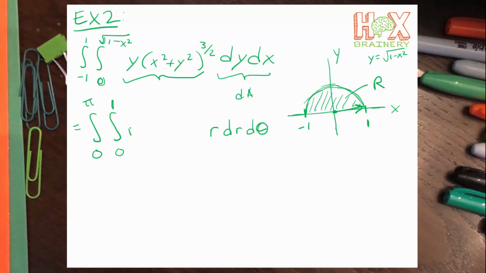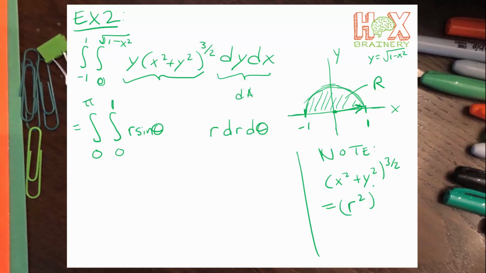Y, I know, is equal to r sine theta, so I'll write that down. But for the part in the parentheses, let me make a note over here. You have x squared plus y squared to the 3/2. Using your conversions, x squared plus y squared is r squared, and when you simplify the exponents, you just get r cubed.